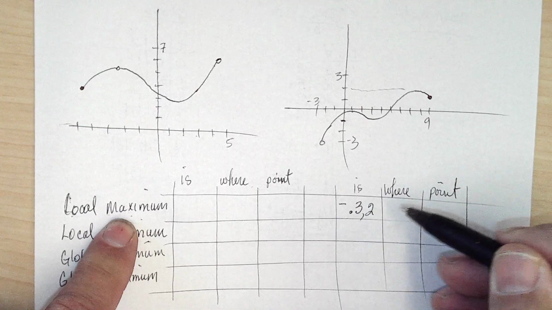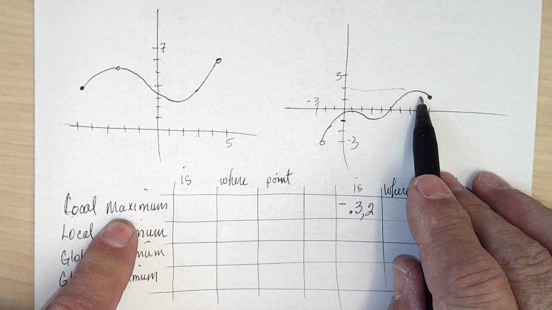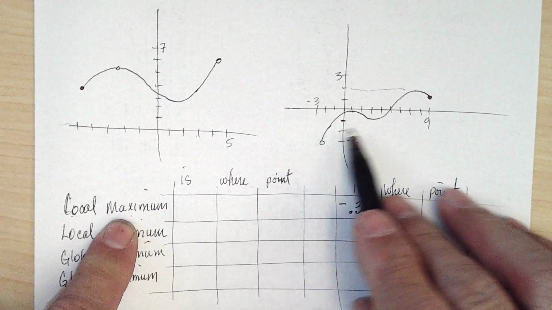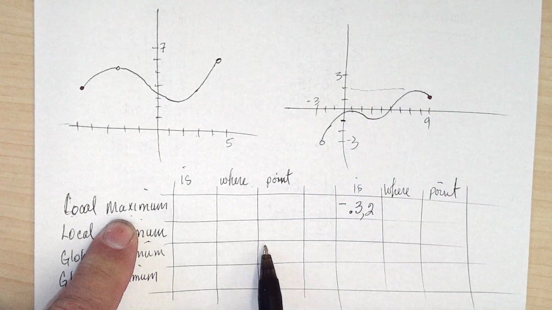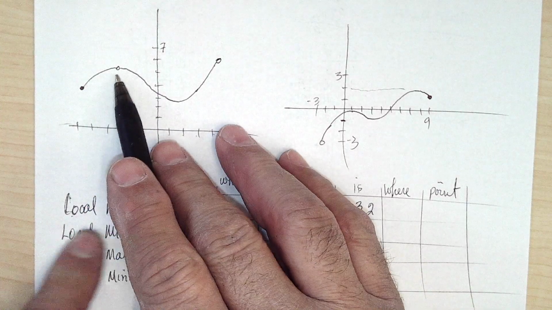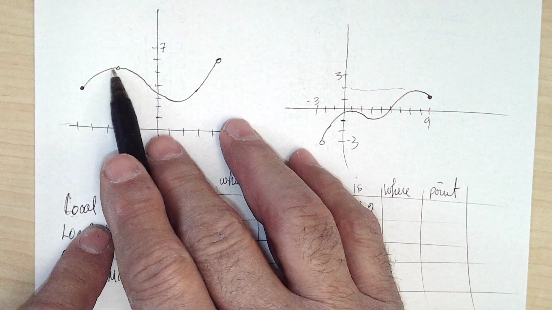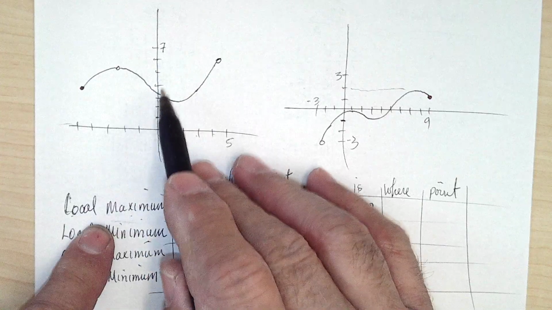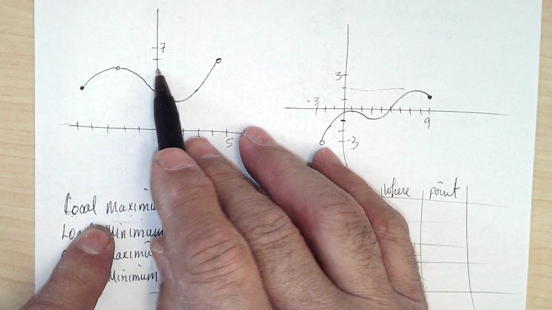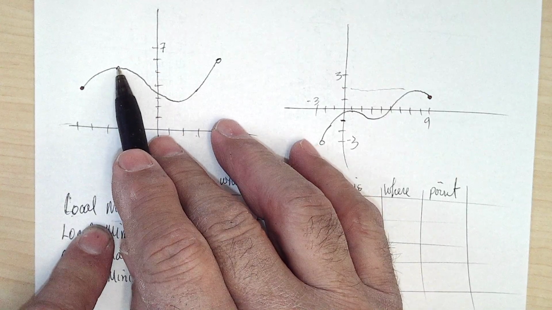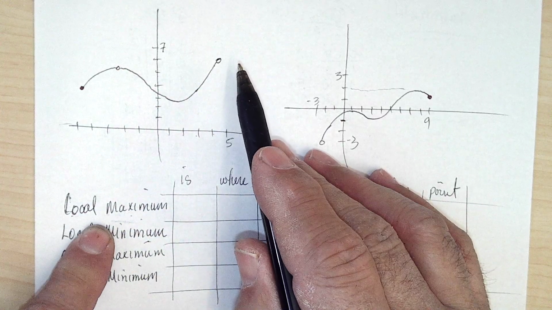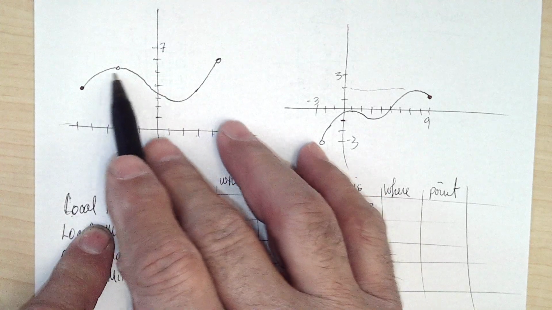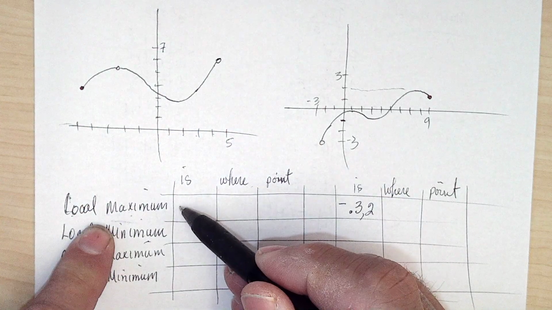So looks like there's 2 local maximums on this graph, highest places in their neighborhood. Over here, it looks like it was going to have one right here of about a height of 5, but it doesn't exist there. And there is no other local one, so there is none.